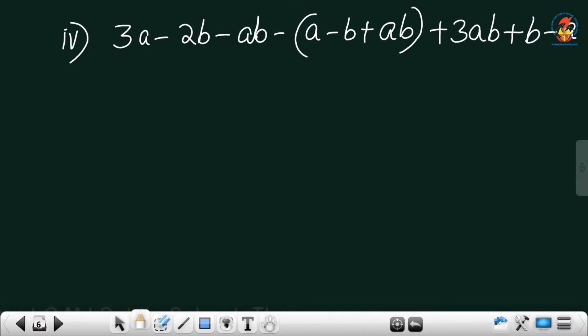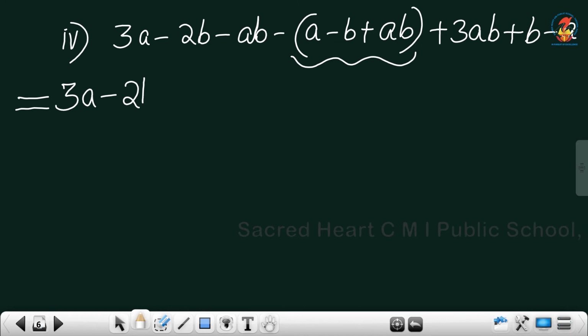Next question: 3a minus 2b minus (ab minus a minus b plus ab), and this negative sign belongs to this bracket. Then plus (3ab plus b minus a). I told you if there is a bracket in the question, first you have to open the bracket and the remaining terms are the same: 3a minus 2b.